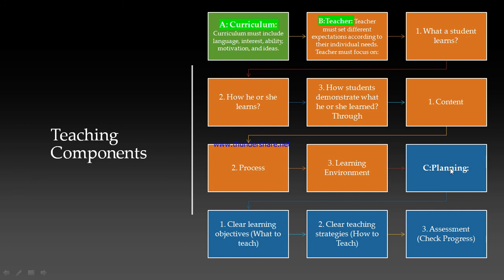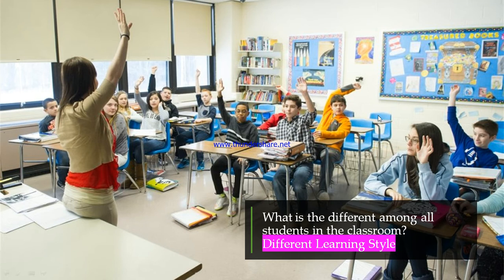Now, the third one is planning clear learning objectives, what to teach. You have a classroom, students here. Now you should know what to teach. If this student is a low learner, you should expect accordingly, and you should teach accordingly.